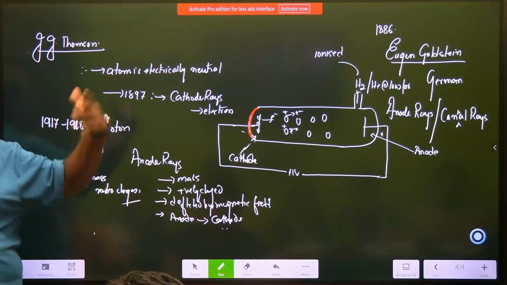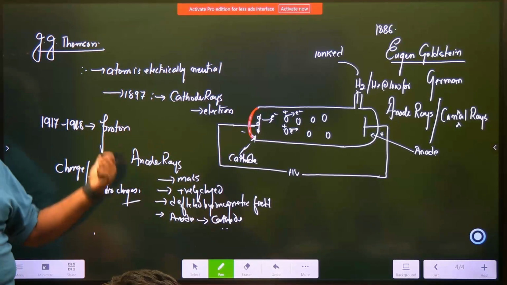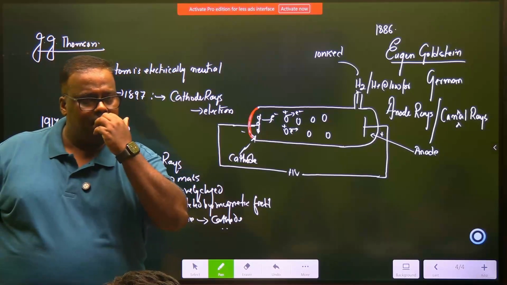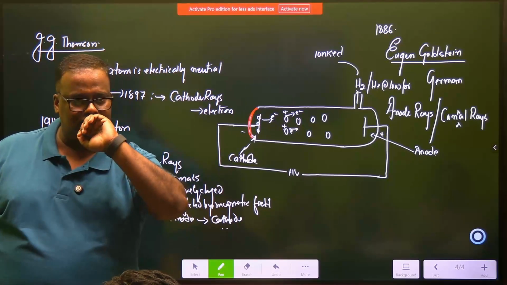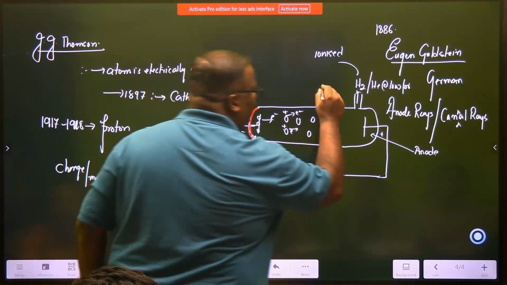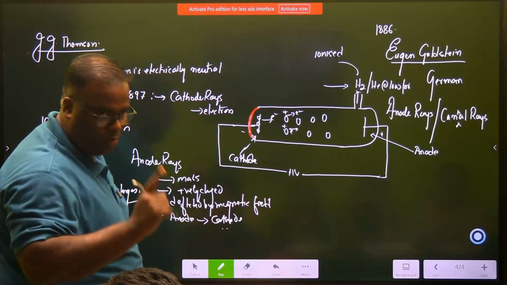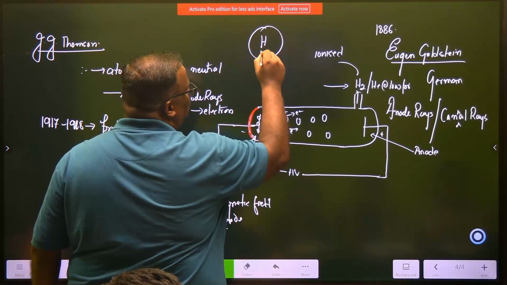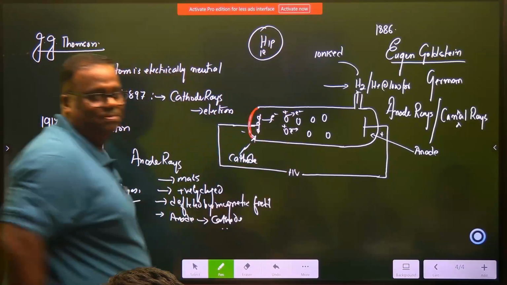And as you are changing the gas, the charge by mass ratio is changing. Now the question is, how did we then link it with protons? Anode rays will be protons if the gas is hydrogen. Why? Look at the hydrogen atom. Hydrogen has one electron and one proton.